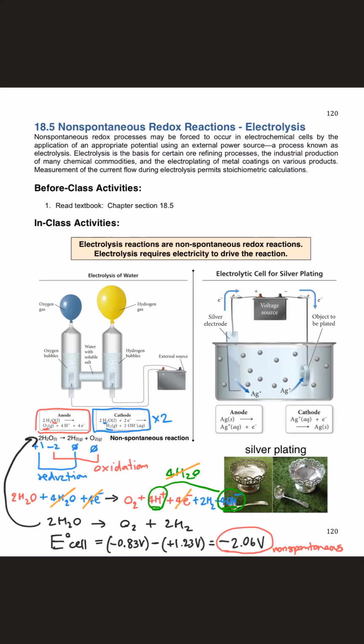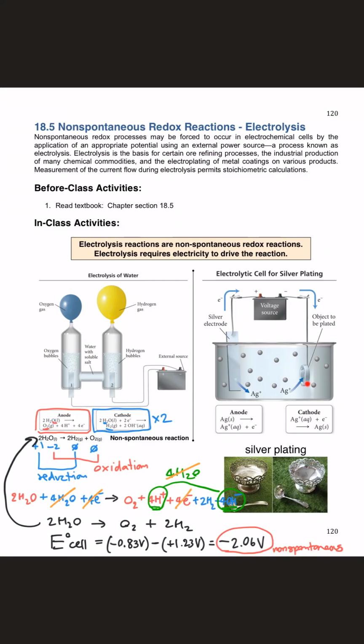However, this non-spontaneous redox reaction can be driven by an external voltage that we supply. It drives the reaction in such a way that the silver electrode releases silver ions, and the silver ions travel to the object to be plated, and the silver ion accepts an electron on this electrode.